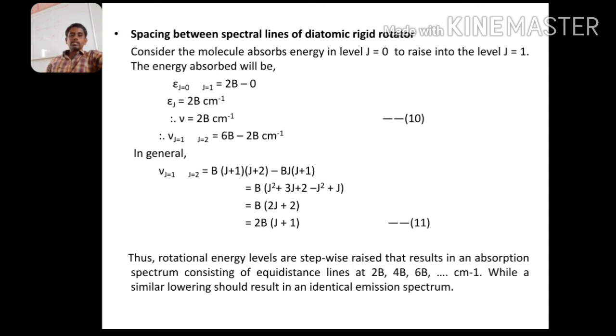Thus, rotational energy levels are stepwise raised, resulting in an absorption spectrum consisting of equidistant lines at 2B, 4B, 6B, 8B per centimeter and so on, while a similar lowering should result in an identical emission spectrum.